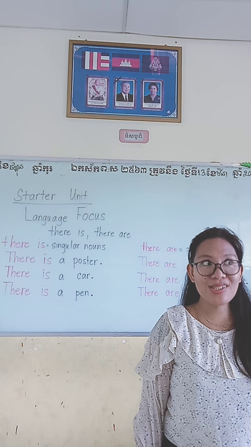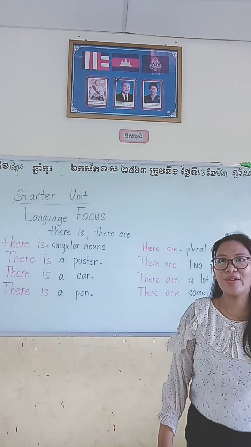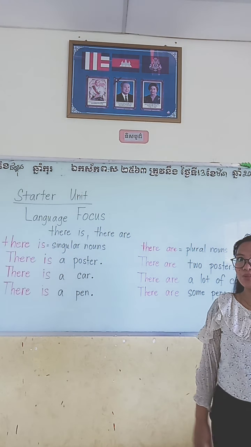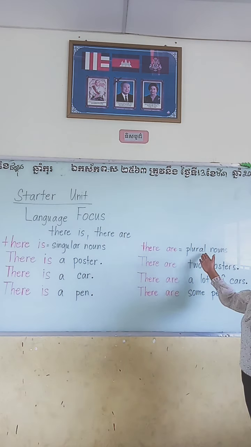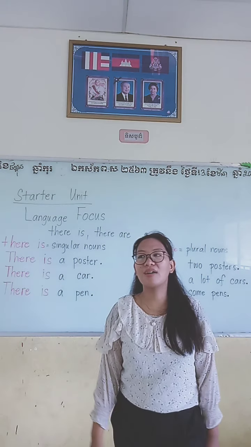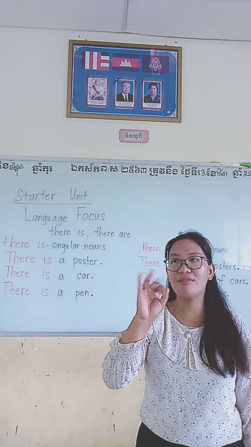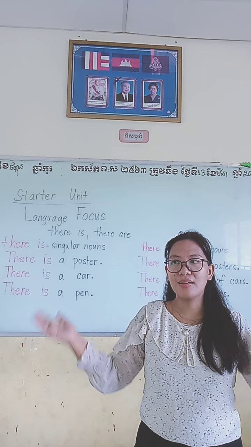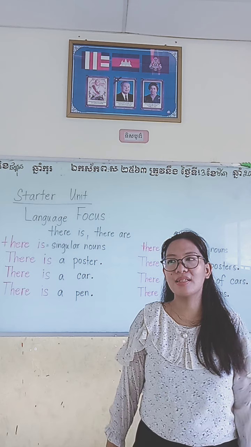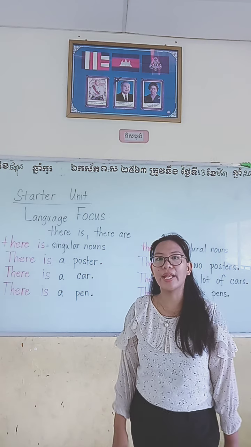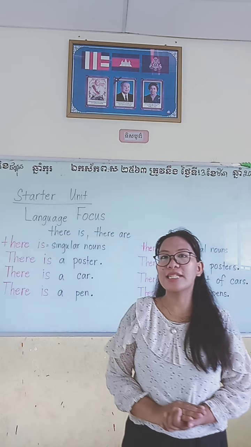Next one, we are going to review plural nouns. When we say plural nouns, these are nouns that are more than one. So 2, 3, 4, 1,000, 100. So plural nouns are more than one. So now let's start.